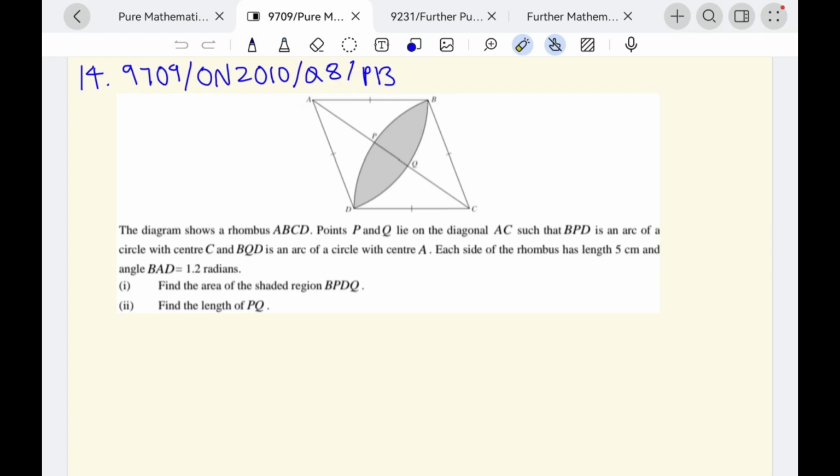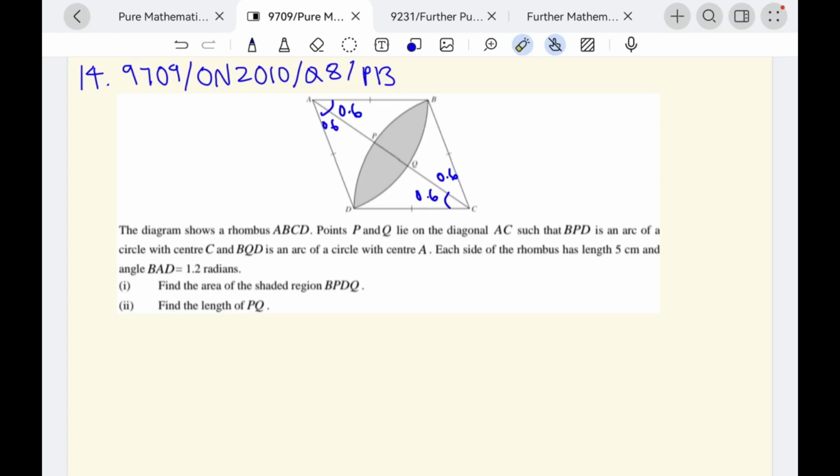Each side of the rhombus has length 5 cm, which is also the radius of the sector. The angle BAD is 1.2 radians, so if you divide by half you will get 0.6 radians each.